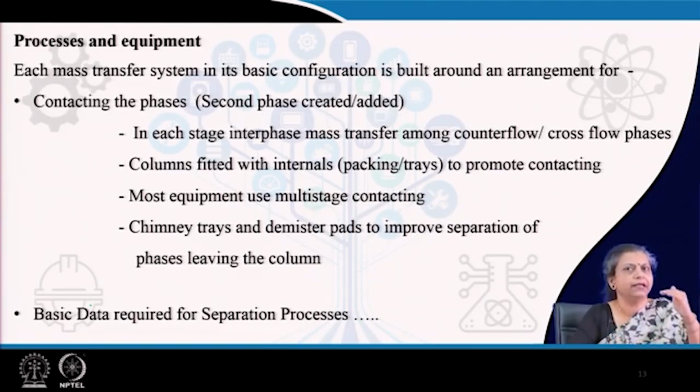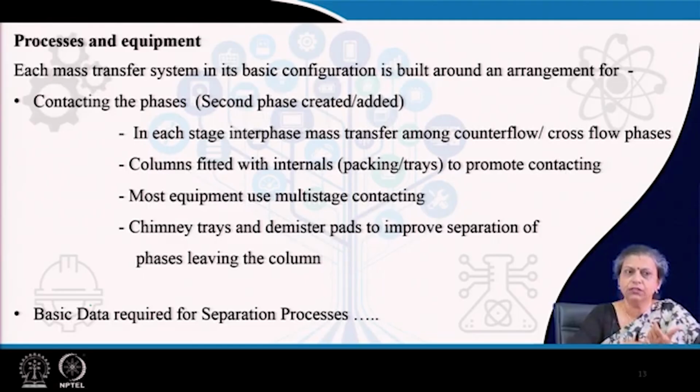So, when we design a column, we have to keep this in mind as well. For designing a column, we need to find out what accessories are required for intimate contact between the two phases and maximizing the mass transfer, and also certain additional arrangements for separating the phases as completely as possible after the operation has happened.